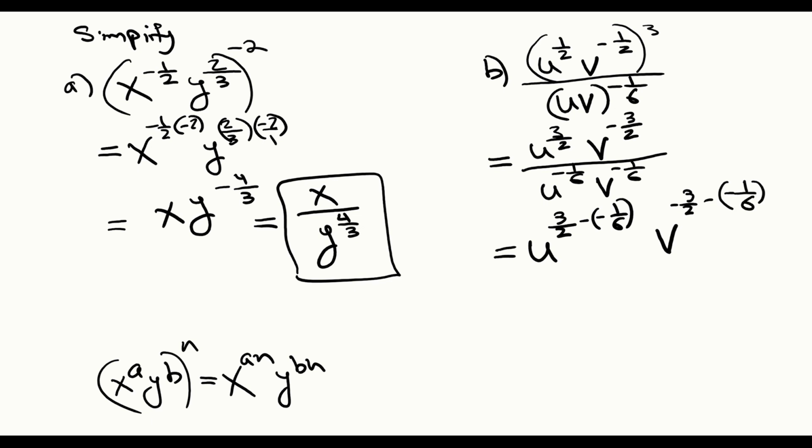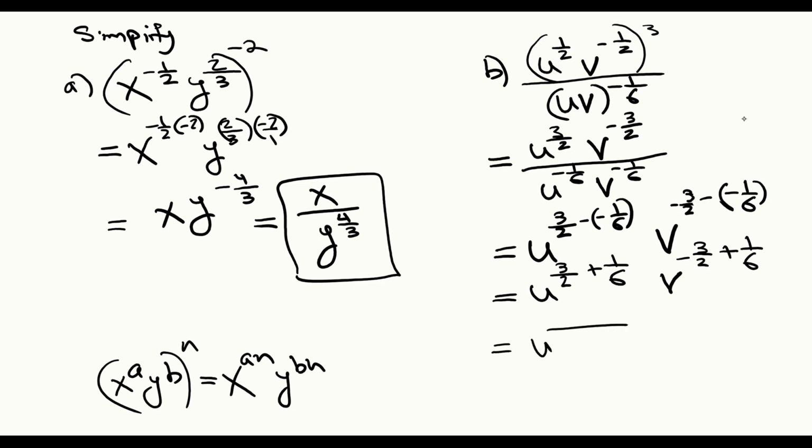And of course, one of the common mistakes here is that students just write 3/2 minus 1/6, and they don't write the other negative, which is going to cause problems. So now continuing, we get u to the 3/2 plus 1/6, v to the power of -3/2 plus 1/6.